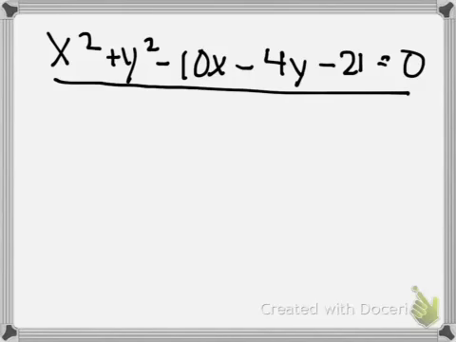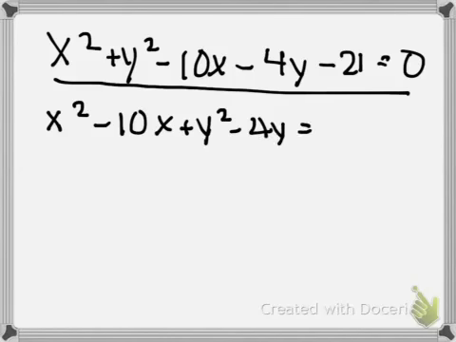So first you want to group the x and y terms and move 21 to the other side. Next, you want to make a perfect square by adding the quantity of b over 2 squared.